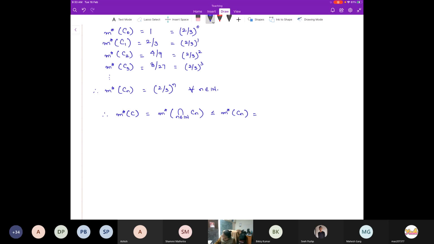What is m star of Cn? Which is 2 by 3 whole raised to the power n for all n in N. And where will this go to? 0. Right. Therefore, m star of C is 0. The only possibility is that it should be 0.